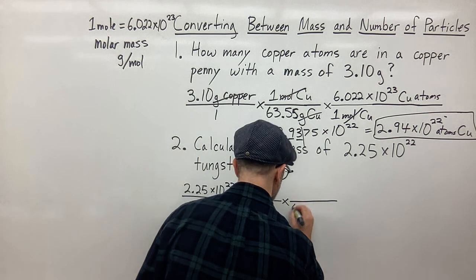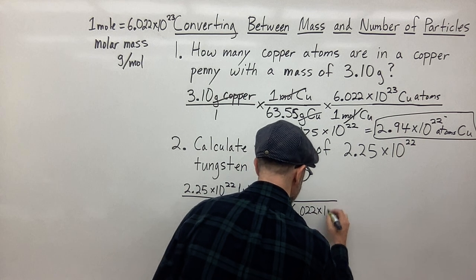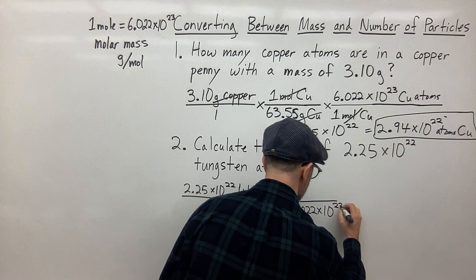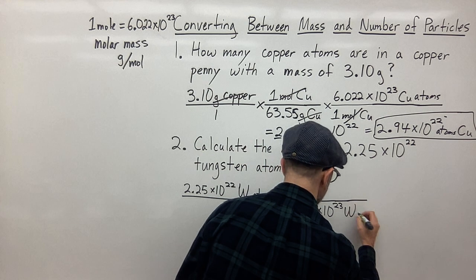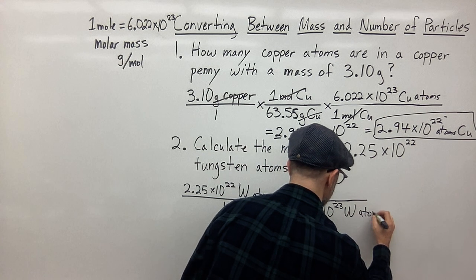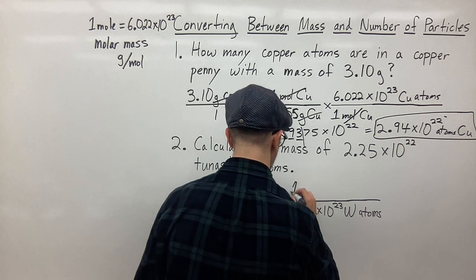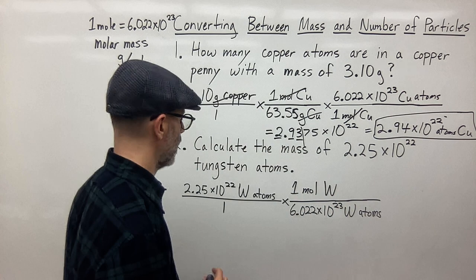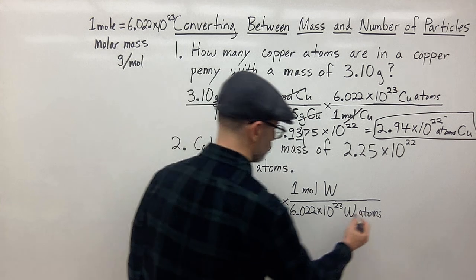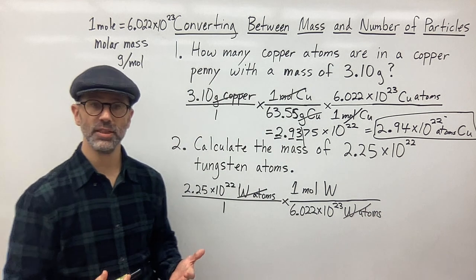So we're going to have 6.022 times 10 to the 23rd tungsten atoms. And then we're going to have 1 mole of tungsten on top. So tungsten atoms cancels out. Now we have moles of tungsten.